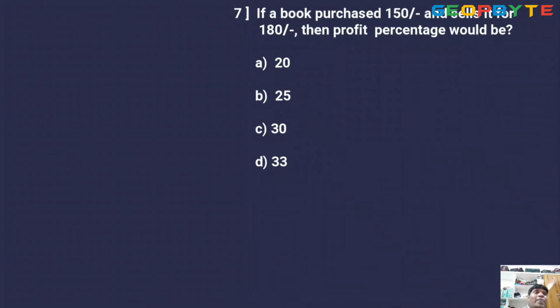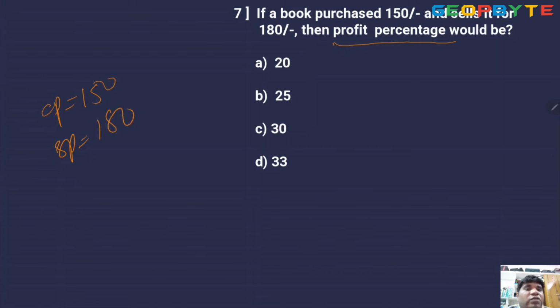Next. If a book is purchased for 150 and sold for 180, then find the profit percentage. Here observe, this is profit percentage. Cost price 150, selling price 180. Cost price is less, selling price more, so we got profit. The difference is 30 rupees.